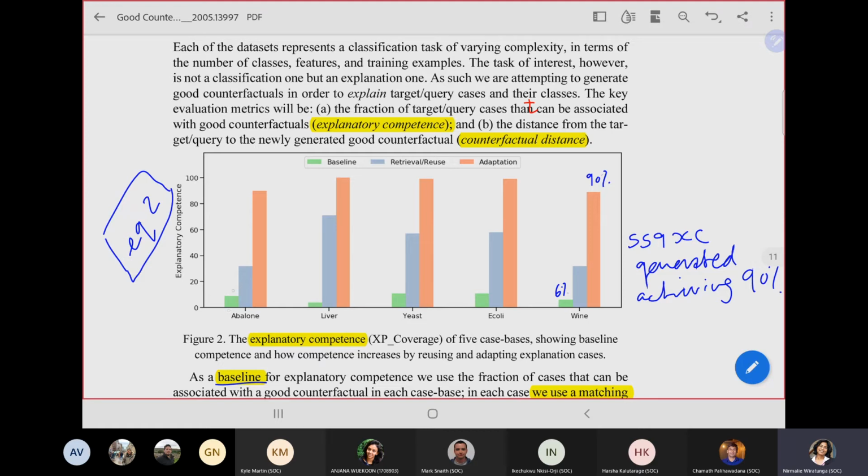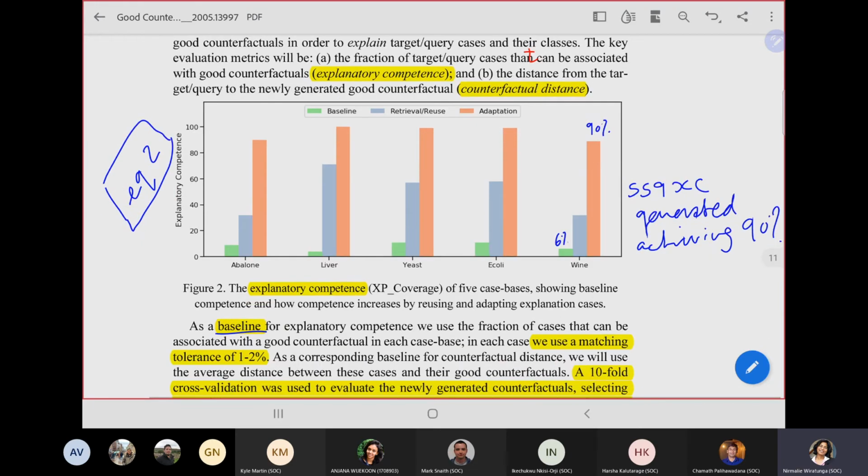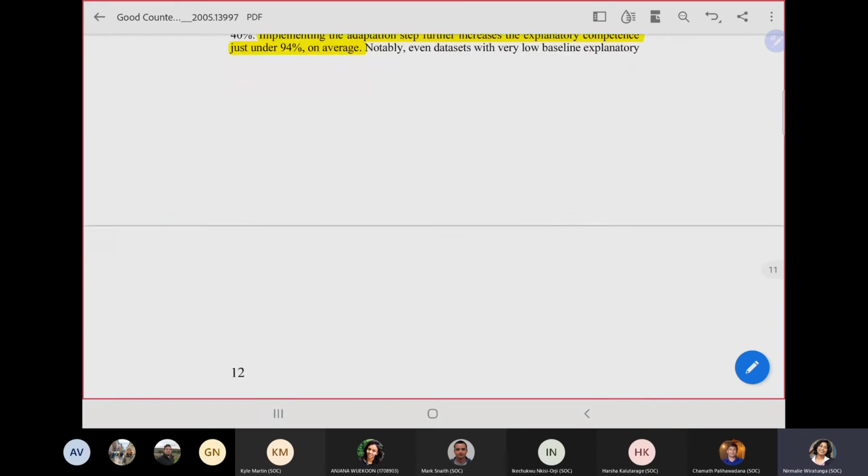This is the green line, and then if you just do retrieval, you get to blue, and then if you do adaptation, you get to red. So huge differences. What they are showing here is that their approach can generate quite a huge number of counterfactuals into their case base, which they didn't have before, right?